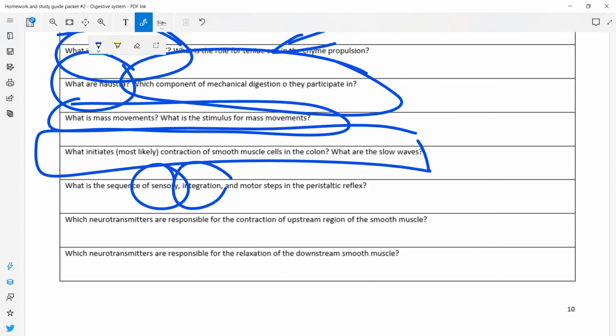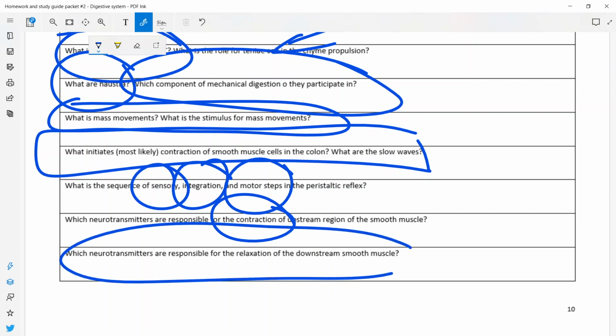At the local plexus, signals are integrated, and then smooth muscles behind the bolus contract, and in front of the bolus, relax. Acetylcholine stimulates contraction of the smooth muscle, and nitric oxide stimulates the relaxation of downstream smooth muscle. There are actually 4 neurotransmitters. You can find them in the notes.